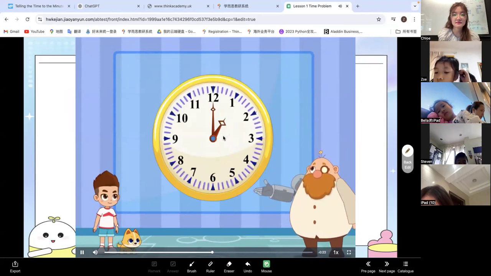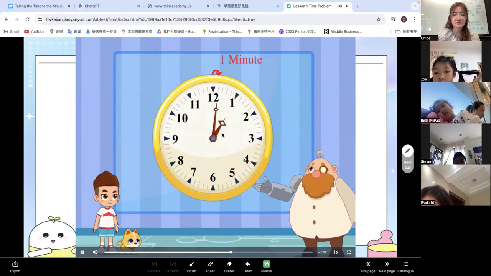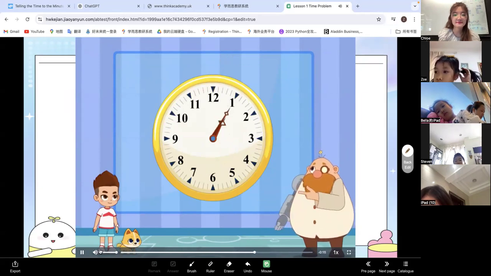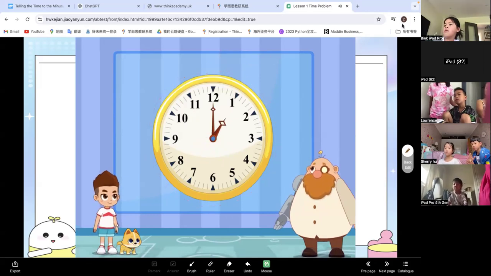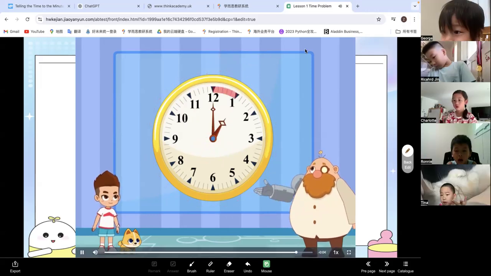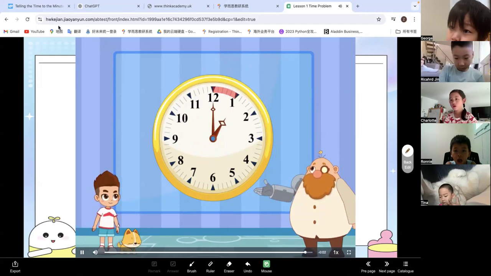So there are 60 small sections on the clock. The minute hand moves 1 small section in a minute. And it moves 1 big section in 5 minutes. 1 complete rotation of the minute hand is 60 minutes. At this point, the hour hand had got exactly 1 big section.